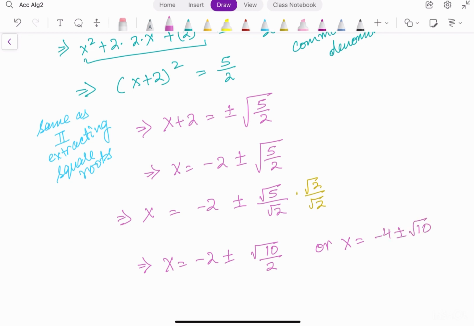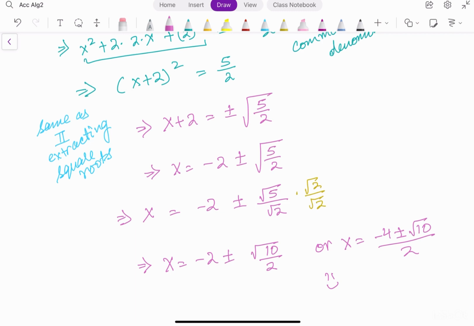And the other way, some books might write it combining the two terms together. This is how completing the square will work, and I personally like completing the square a lot. With practice, I know you can understand it better and you will be able to solve it much better.